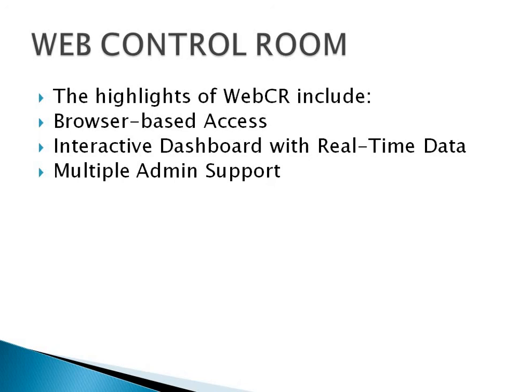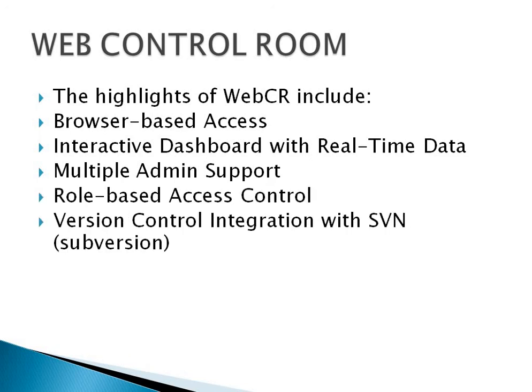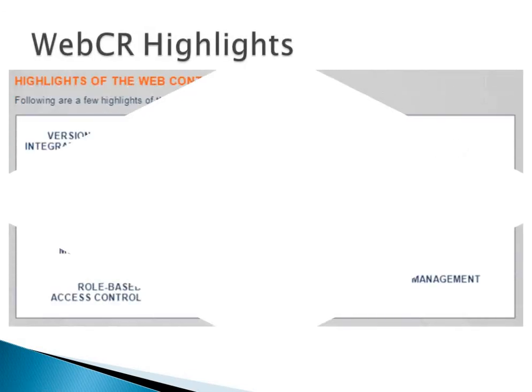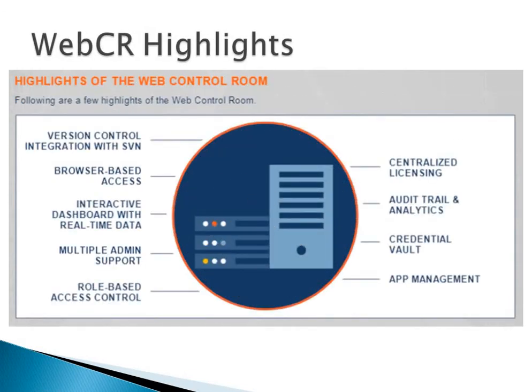It has an interactive dashboard with real-time data and multiple admin support. It gives role-based access control, and version control integration with Subversion, and it has centralized licensing, audit trail and analytics, and credential vault. And these are the same things we can see in the picture.